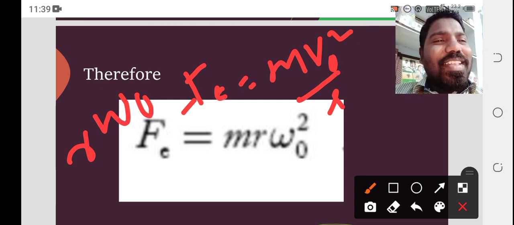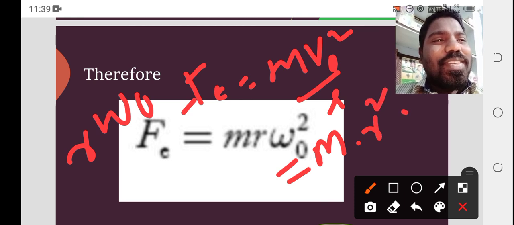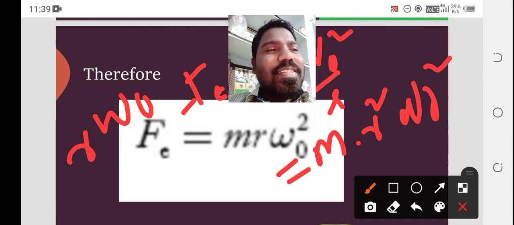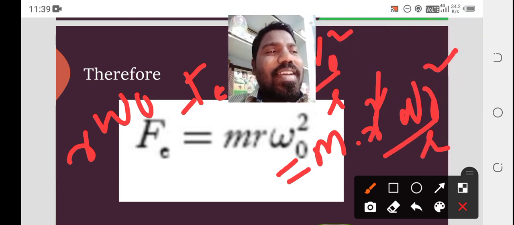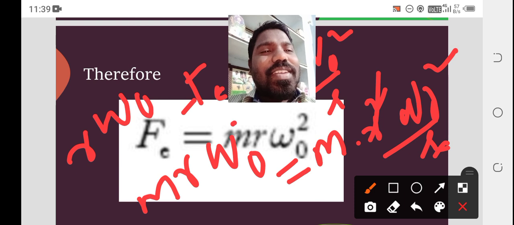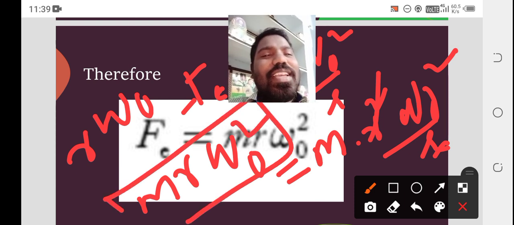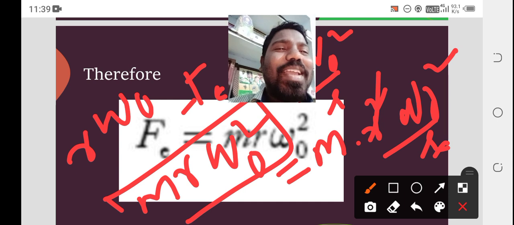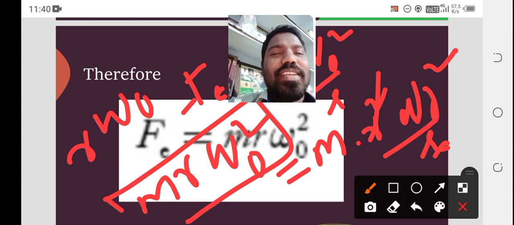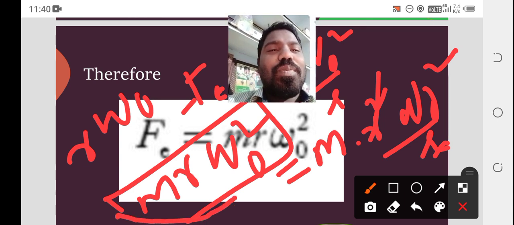Then replace here: m, r square omega naught square by r. r will be cancelled. Then it is m r omega naught square. So Fe is m r omega naught square, after substituting the value of v naught, which is r omega naught.